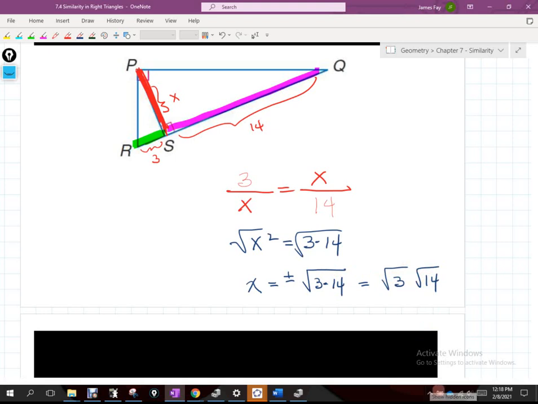Okay? Now, what we do with radicals is we try to make sure that if they're a composite number, meaning they're non-prime numbers, is there a largest perfect square that will divide them evenly? So if I look at 3, 3 is prime, so I'm not going to do this with 3.